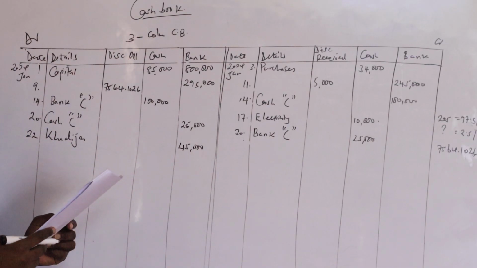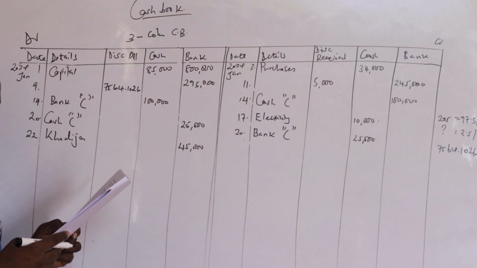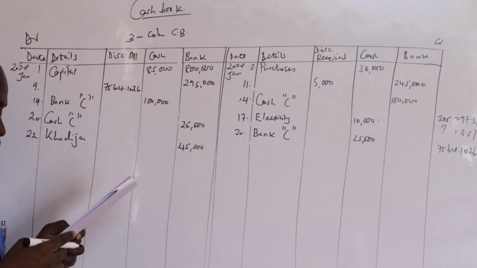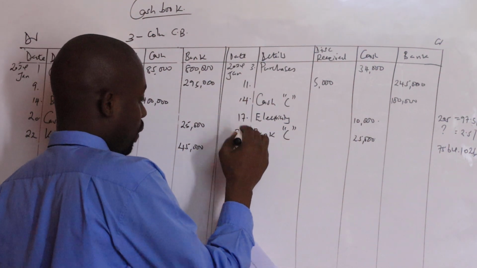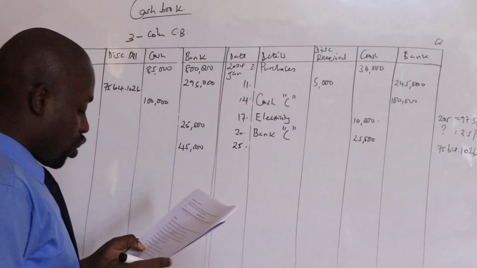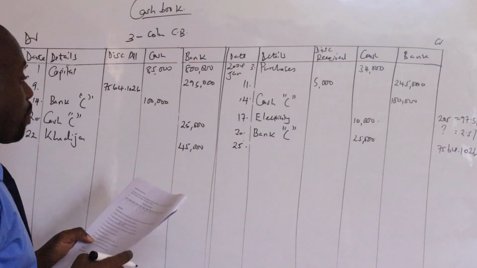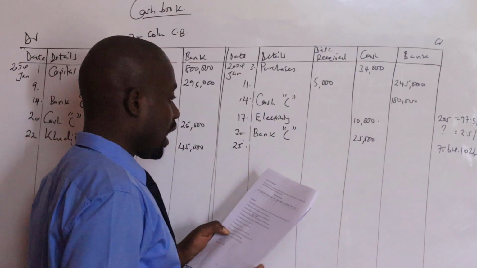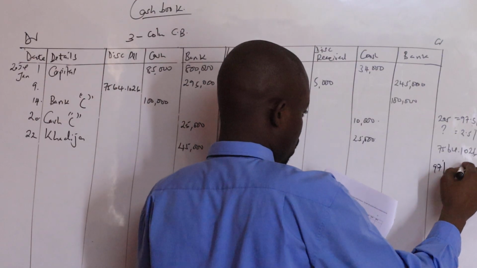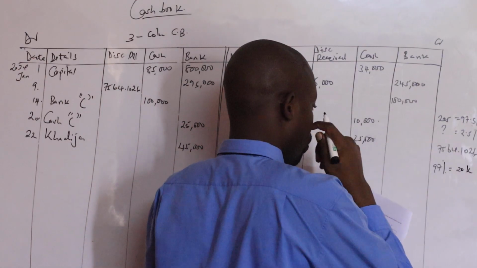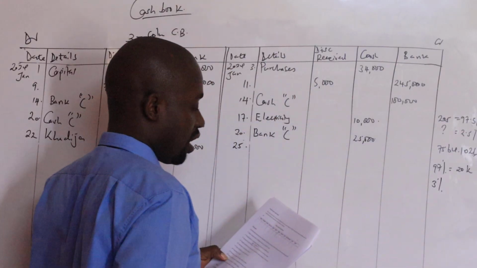On 25th, paid 20,000 by check to Ken Poly after deducting 3% discount. So we are paying out. That's on the credit side. And we are paying out via which mode? By check. That is, the 20K is after deducting 3%. So 20K is at 97%. So 97% is the 20,000. We want the 3%, which is the discount.